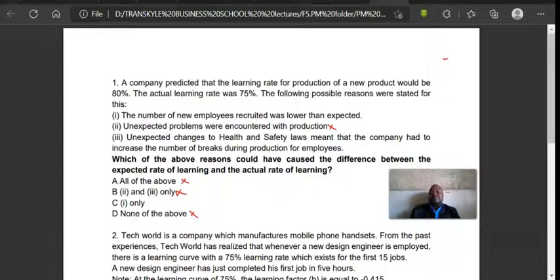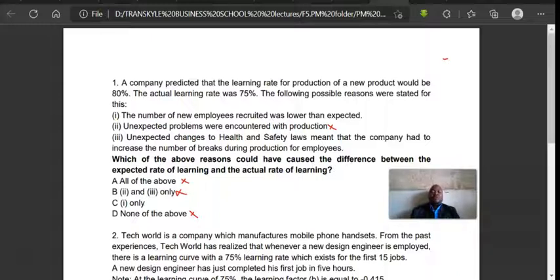But let us look at item 3 and see why we can be right or wrong. Unexpected changes to health and safety laws meant that the company had to increase the number of breaks during production for employees.